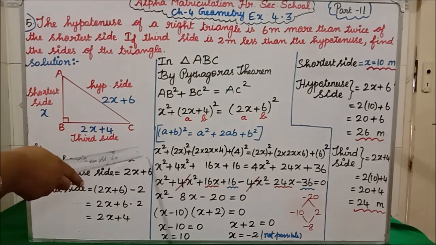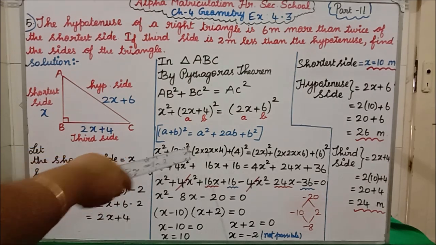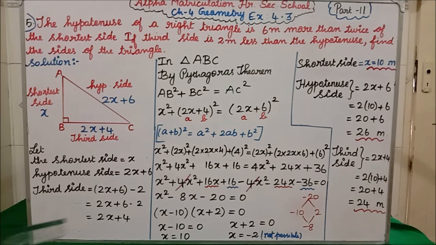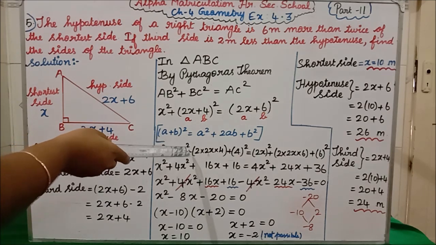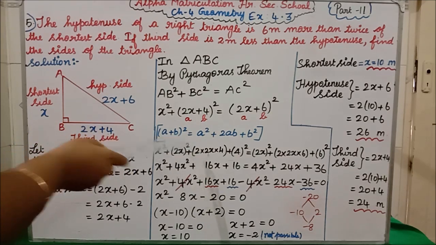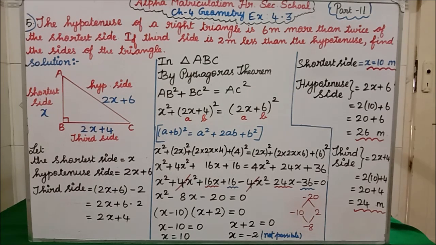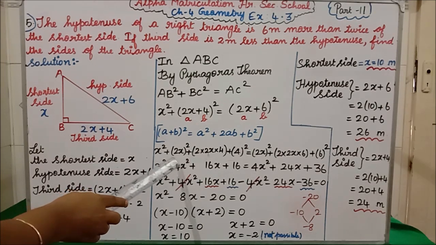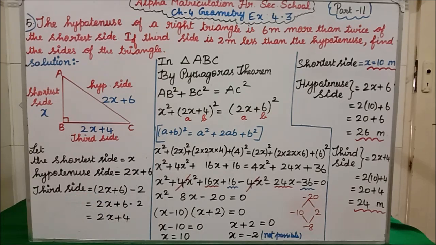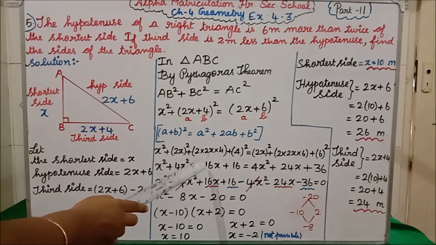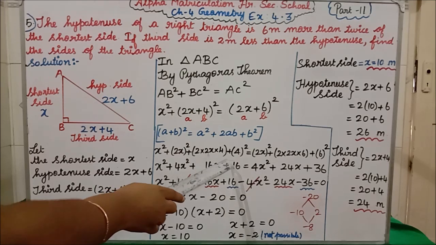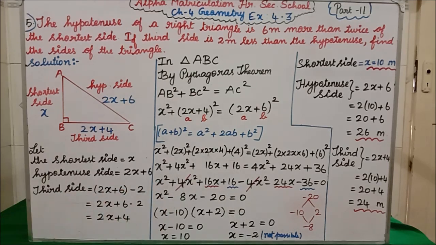Here x square means x square. Here (2x) the whole square, what will you get? That square you have to apply to 2 as well as to the x. So if you square 2 what will we get? 4. If you square x, what will we get? x square. Then plus I have written 2 2s are 4, 4 4s are 16, this x I have written.